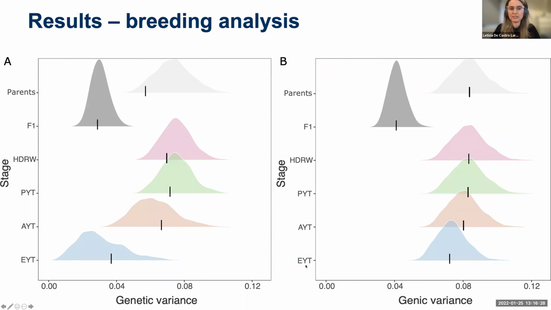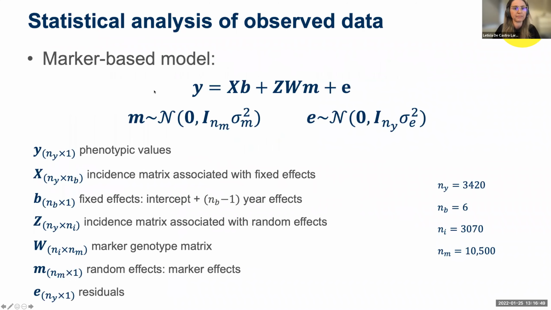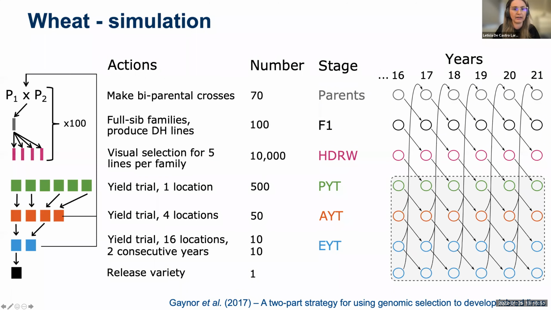For the results, here I'm showing the posterior distribution for genetic and genic variance for different groups of individuals, with the variance on the x-axis. This is the genetic variance in one breeding cycle, so basically this value here, from parents from year 16 to elite white trial in year 21.